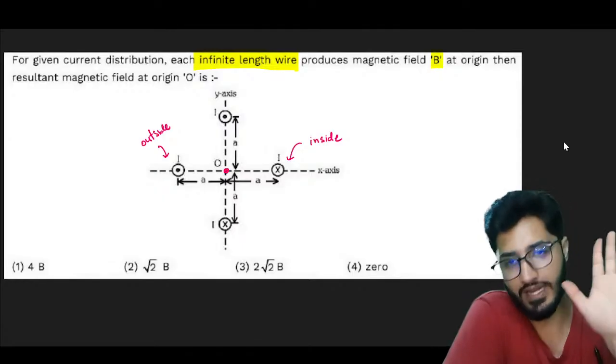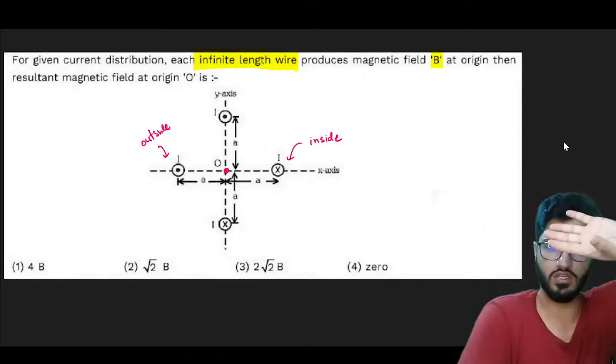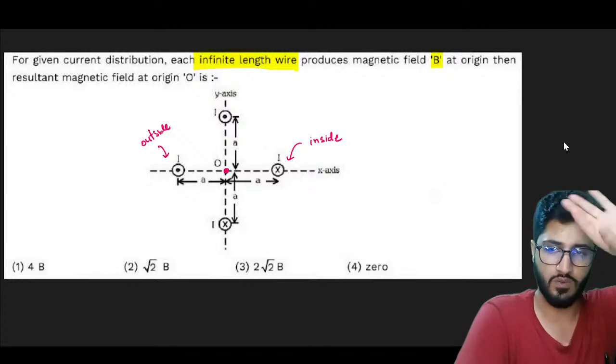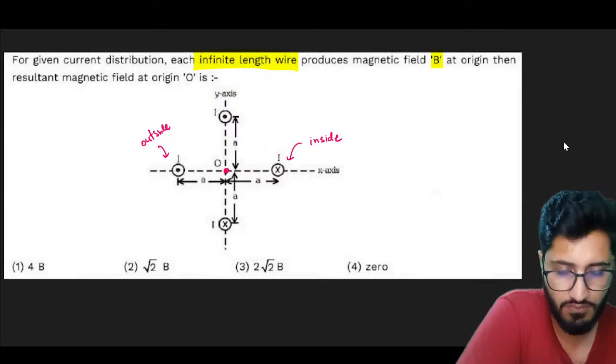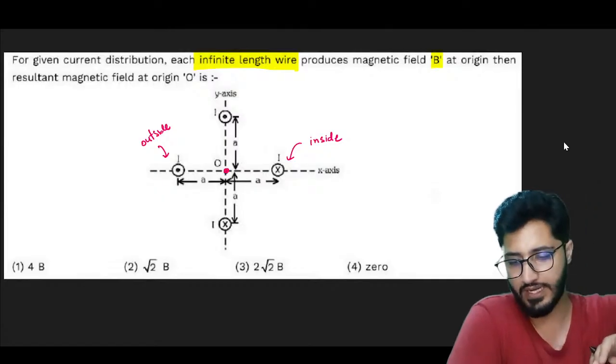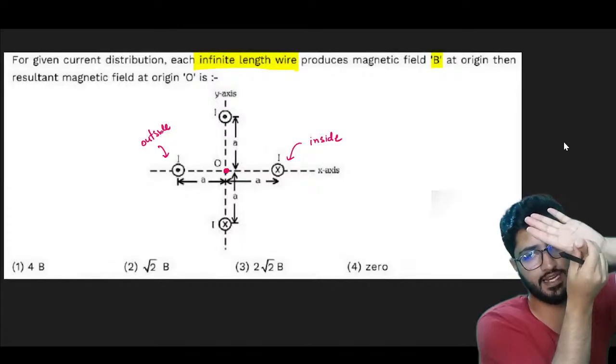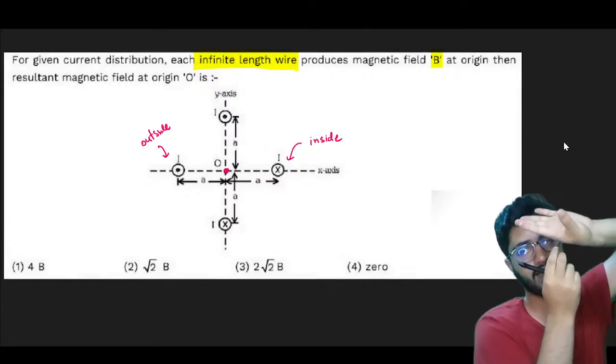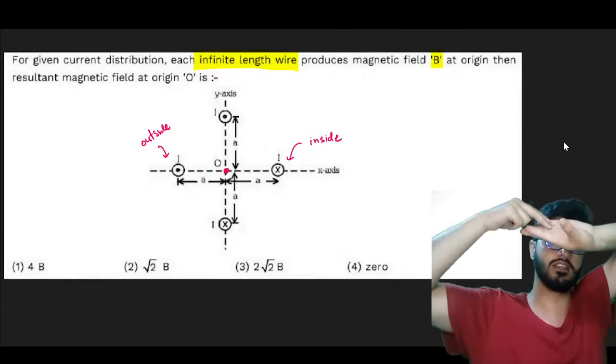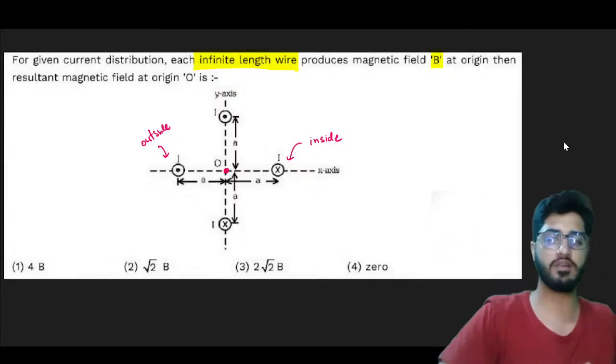If it is a cross, where would the magnetic field be? Take your right hand and place your thumb inside the plane. At the O point, you can see your palm is going upwards, so your B will be upwards.